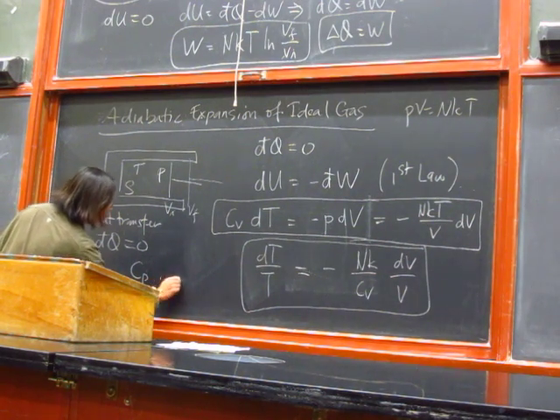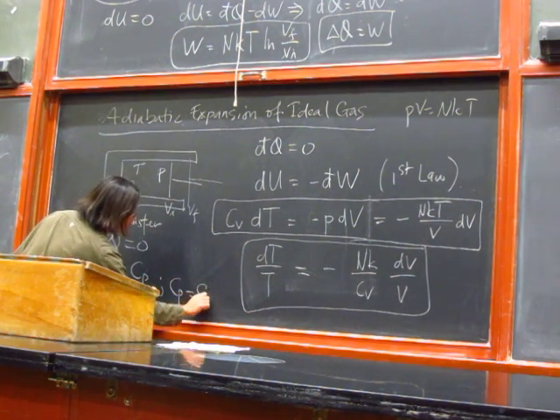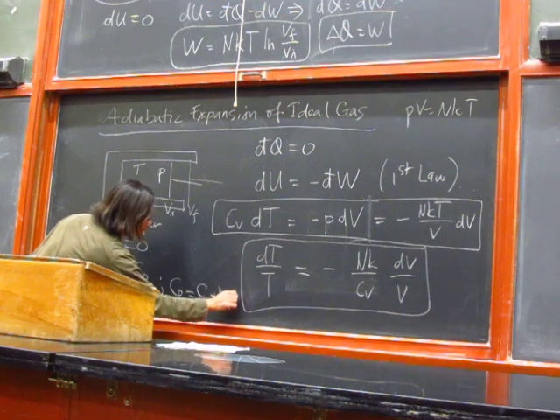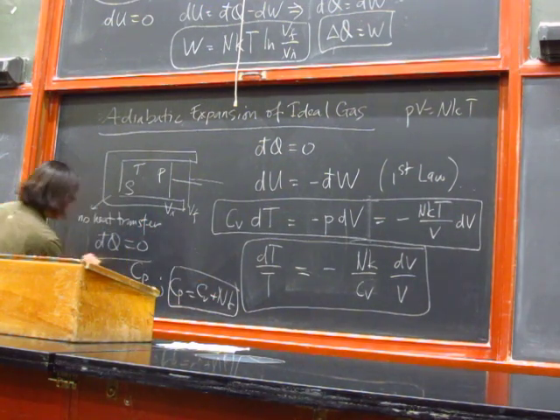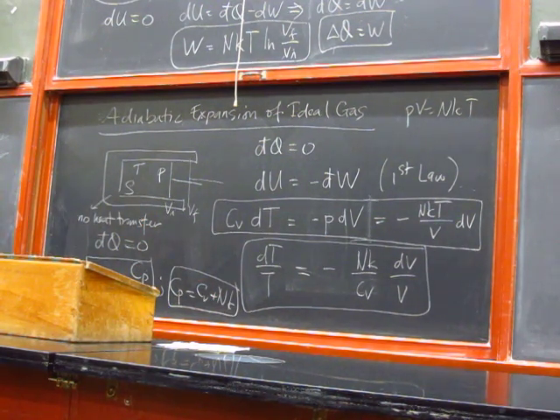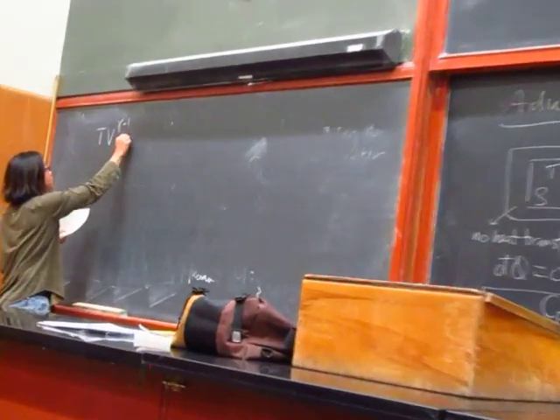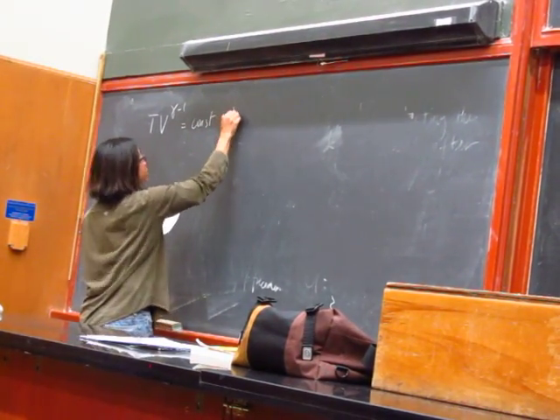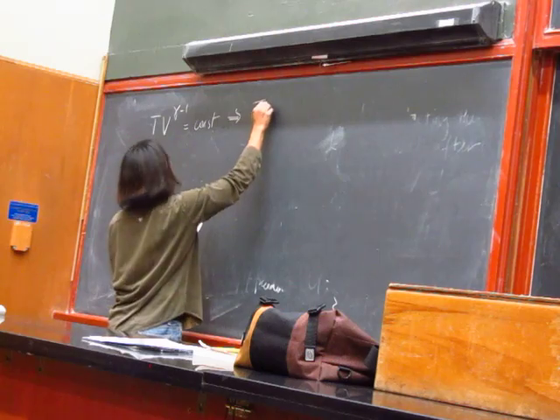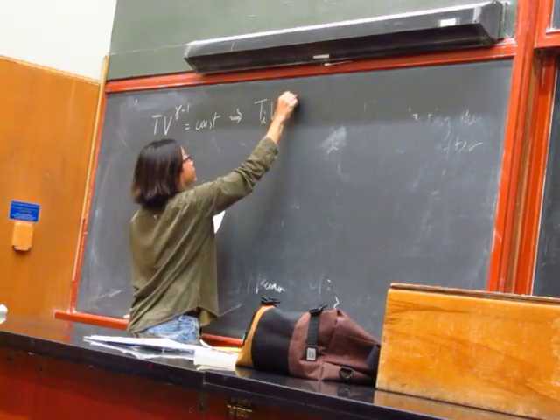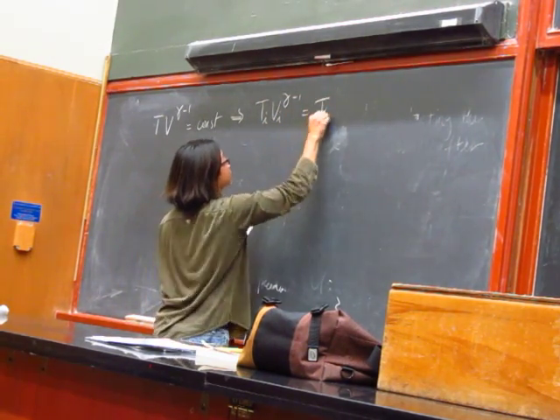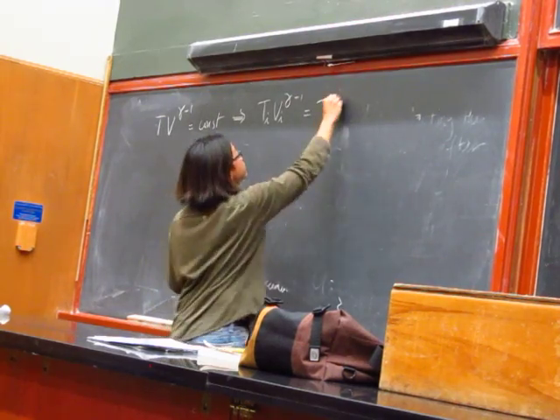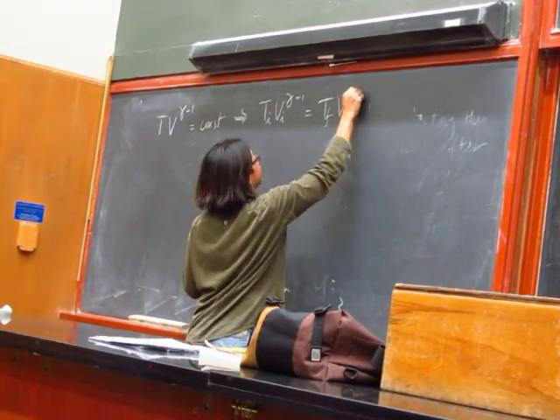And of course, you know for an ideal gas Cp is equal to Cv plus Nk. We found that T times volume to the power of gamma minus 1 is equal to constant. Or if you like, you can also express it as T initial V initial to the gamma minus 1 is equal to T final V final to the gamma minus 1.